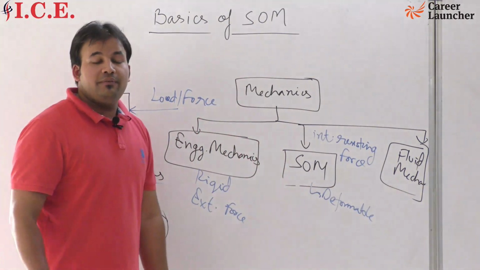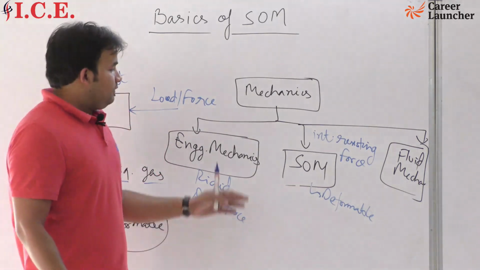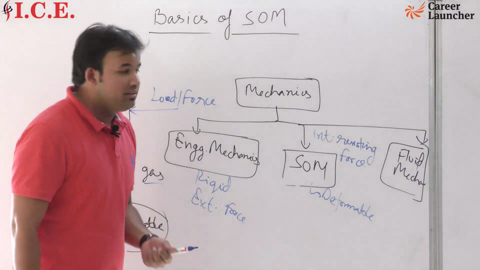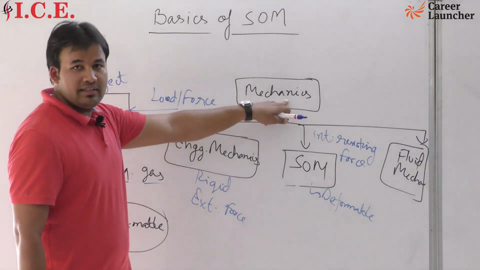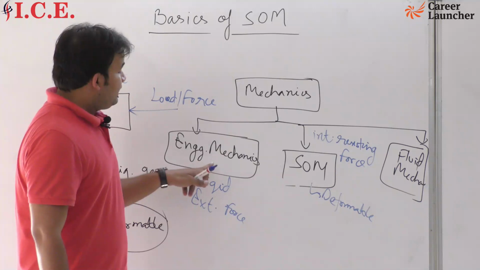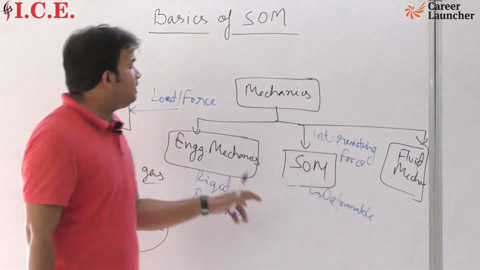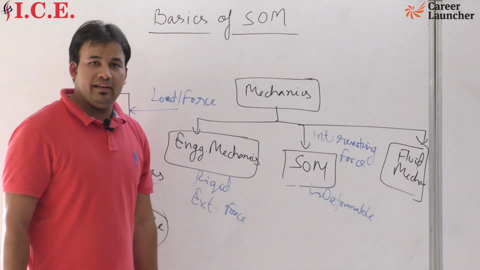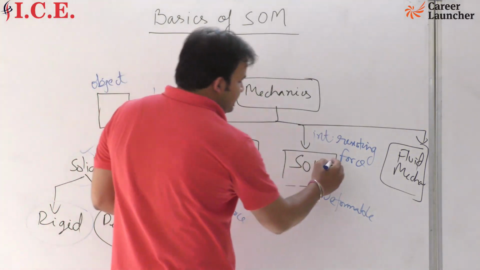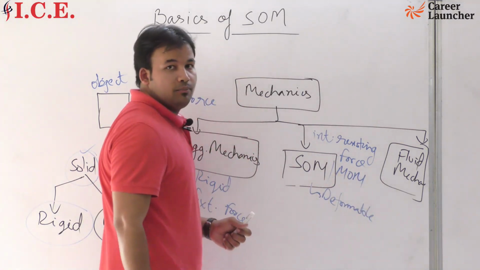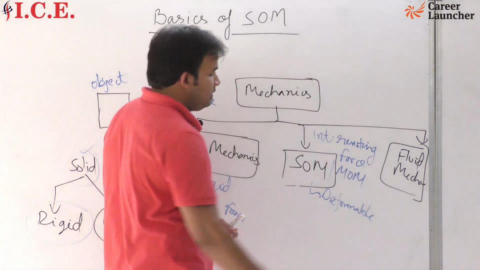Okay, so if anyone asks you from where SOM came, then you will say that the important thing is mechanics, and engineering mechanics, strength of material and fluid mechanics are all part of simple mechanics. Okay, and you may have seen SOM is also known as MOM. MOM means mechanics of material.